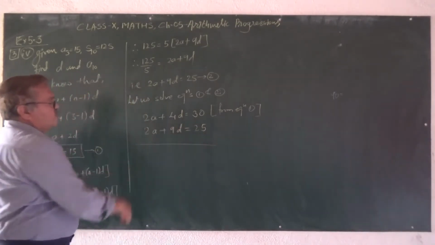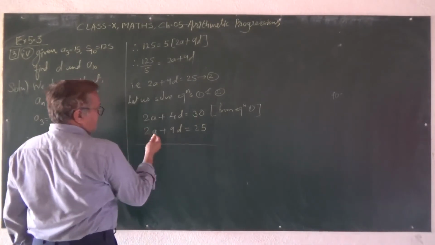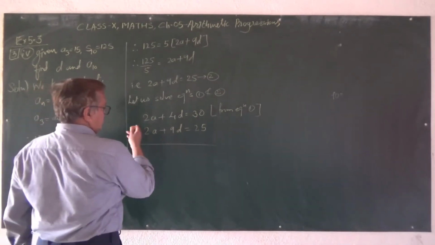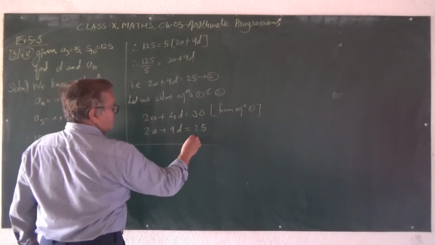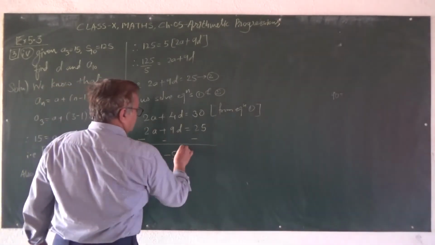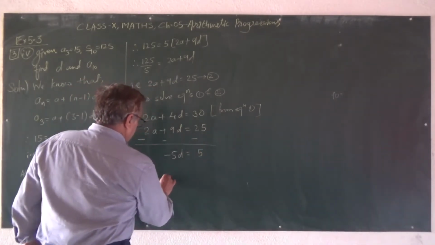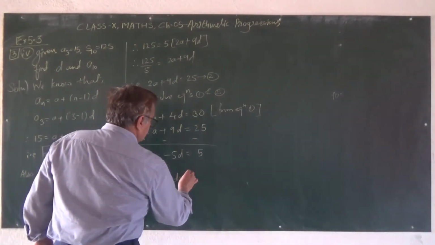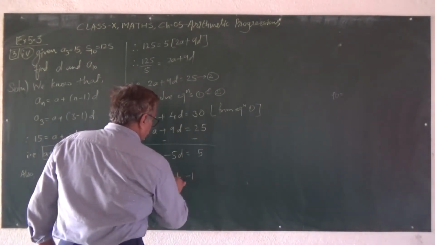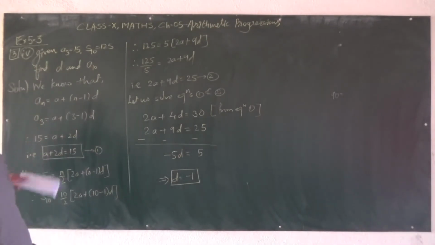A and D both are positive, so you can subtract. Our target is to eliminate A, so both are positive, so subtract. Minus, minus, minus, so this cancels out. Minus 5D is equal to plus 5. So this implies that D is minus 1. So you got D.